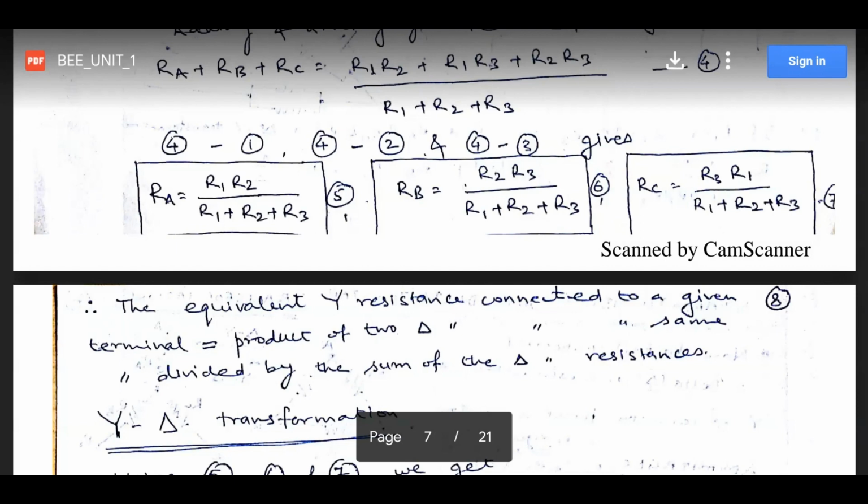Similarly, if we multiply RB and RC, we will get R1 R2 R3 and another R3. So this is the result which we have achieved: R1 R2 square R3, R1 R3 square R2, and in the denominator it will be R1 plus R2 plus R3 whole square.